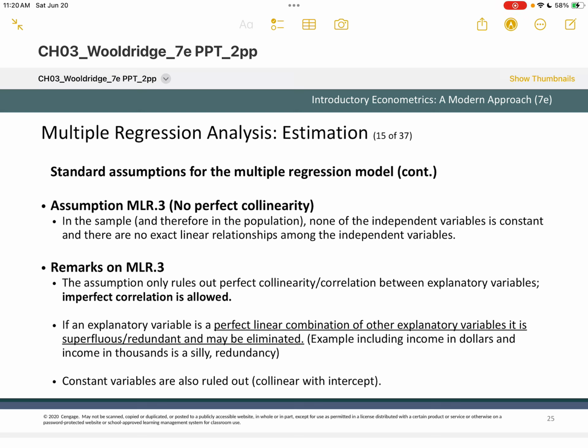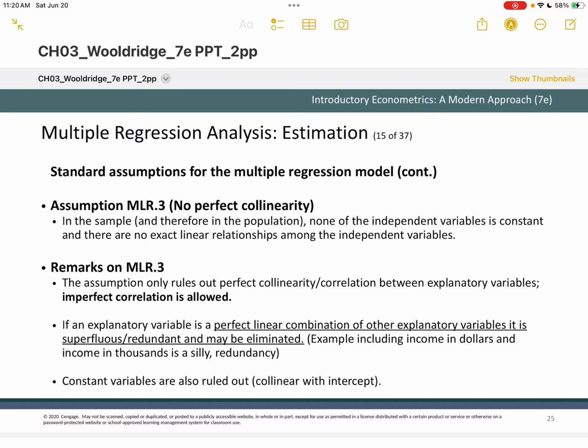If you remember, in the simple linear regression, we saw that we needed enough variation in the explanatory variable. But in this multiple linear regression, we are looking at no perfect collinearity. What exactly does that mean?